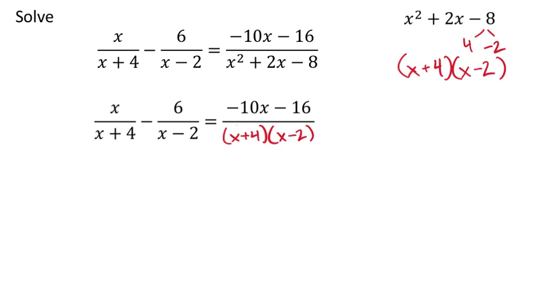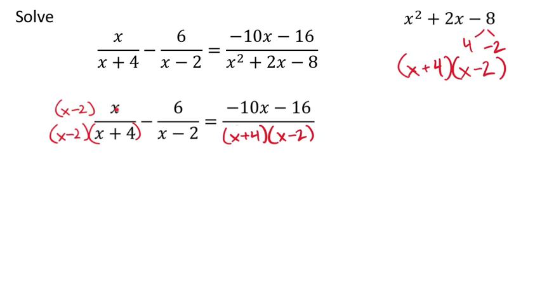In any case, this denominator has an x plus 4 and an x minus 2. What's missing then, at least from the first fraction, the x plus 4, it's missing an x minus 2. But if I multiply it in the denominator, I've got to multiply it in the numerator as well. And yeah, I got the x on the, some people would say, wrong side.